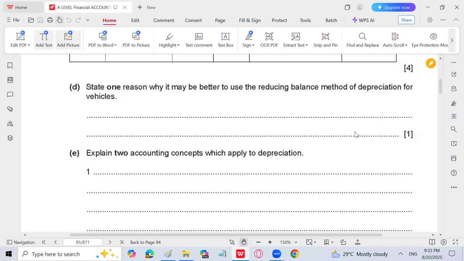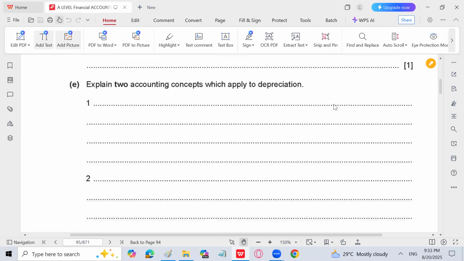State and explain two accounting concepts which apply to depreciation. The number one is prudence. If we do not record depreciation in the income statement as an expense, our profit will be overstated, right? Then second, our non-current asset will also be overstated. That is also wrong.